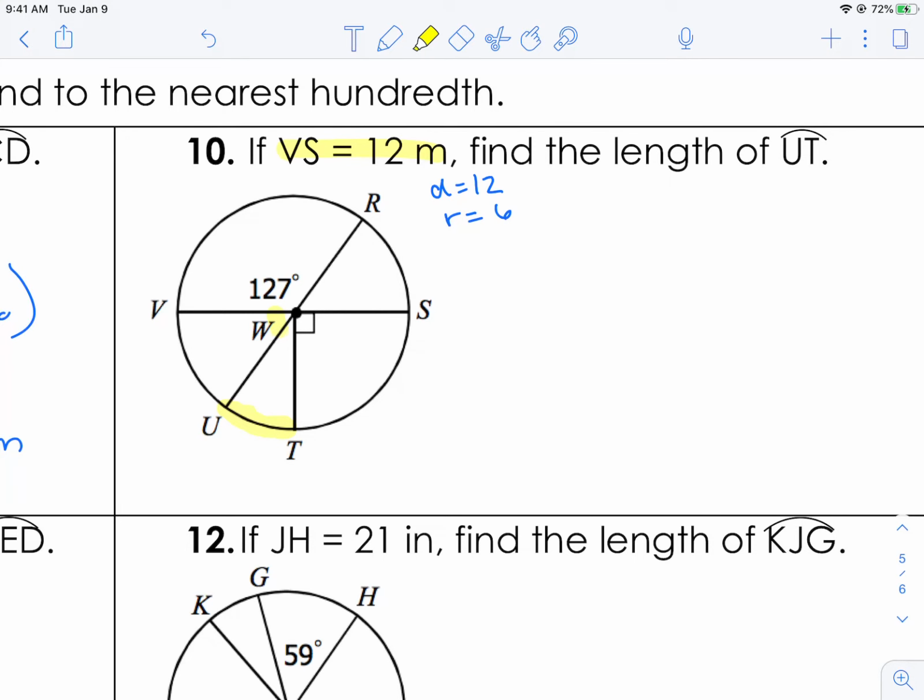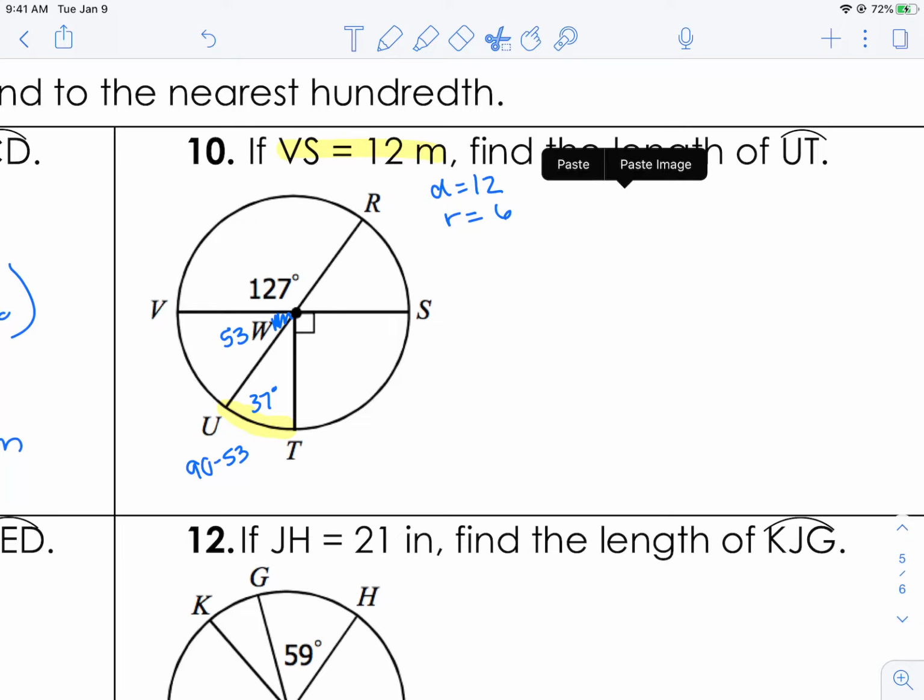So to find this piece of the puzzle right here, I do 180 minus 127, and that gets me 53. And since this is 90, I'm just going to do 90 minus 53, which gets me 37.